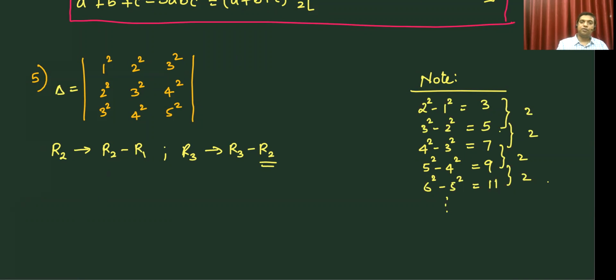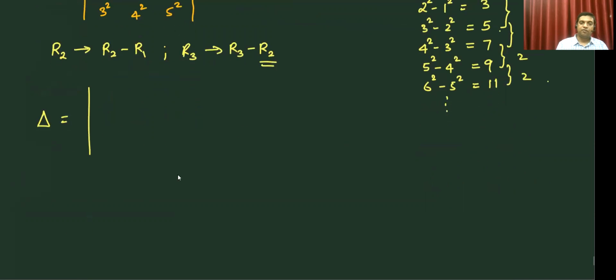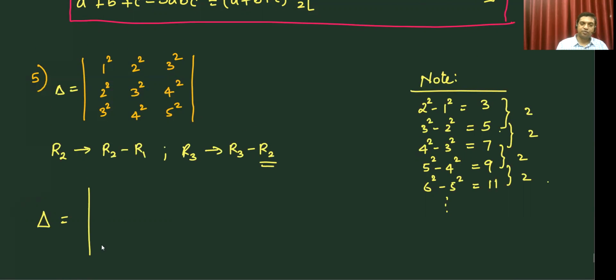So we get, first you do row 3, and then do row 2. So row 3 is 3 square minus 2 square, 4 square minus 3 square, 5 square minus 4 square. Row 2, 2 square minus 1 square, 3 square minus 2 square, 4 square minus 3 square.